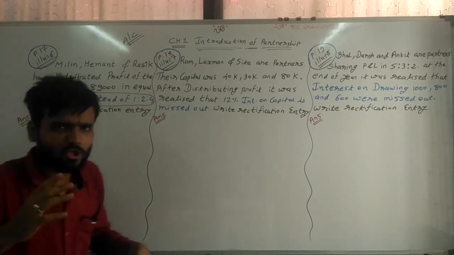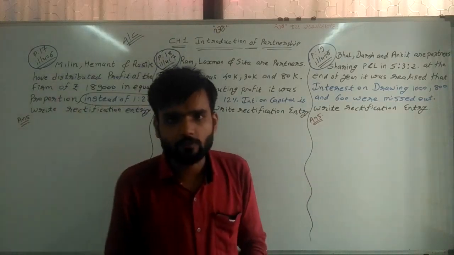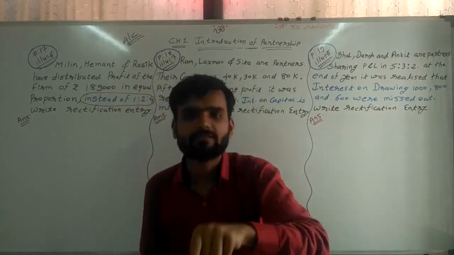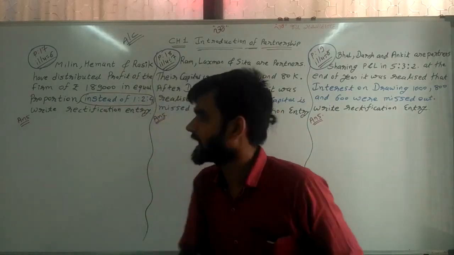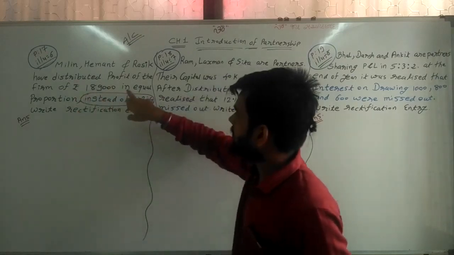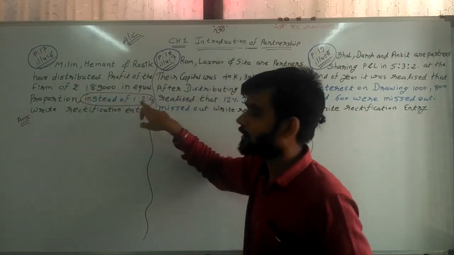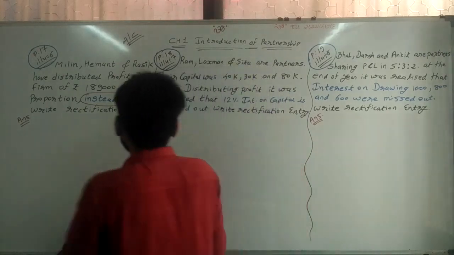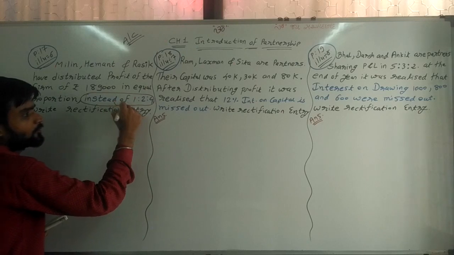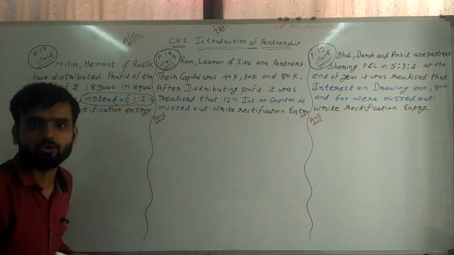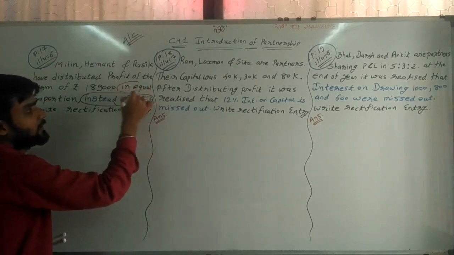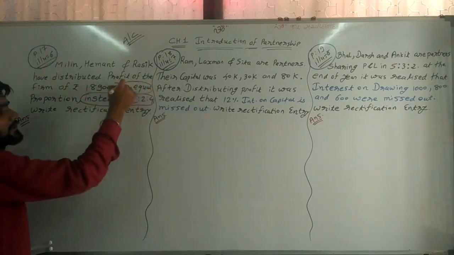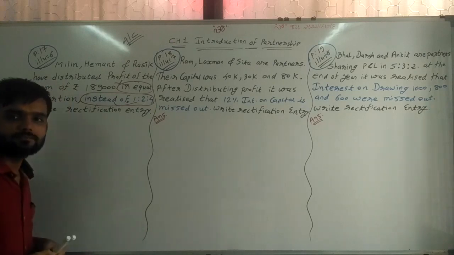So by reading the question, first decide what is wrong and what is correct. Here we can understand they have distributed in equal proportion instead of 1 to 4. It means 1 to 4 is the correct calculation, and this equal proportion that they distributed is the wrong calculation.